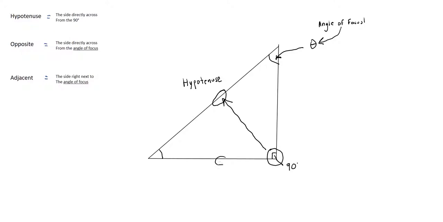Now remember, this side right here is the side that is directly across from the angle of focus here. So that makes this side the opposite now. Remember, it used to be the adjacent. And this side right here, the one that is right next to my angle of focus, this is now the adjacent side.